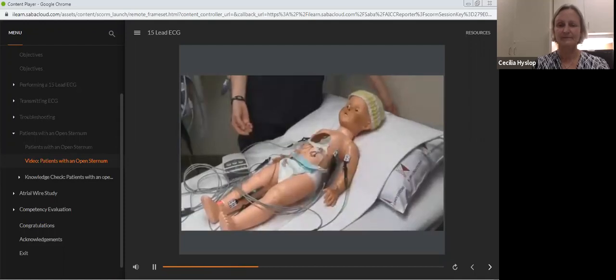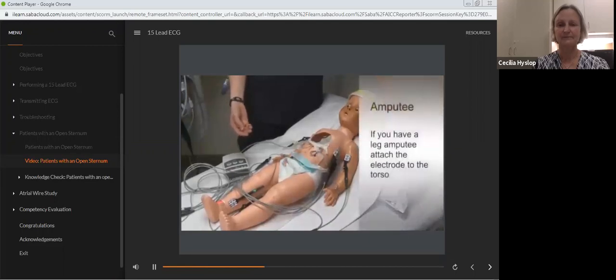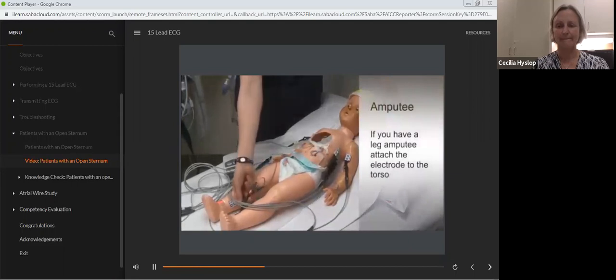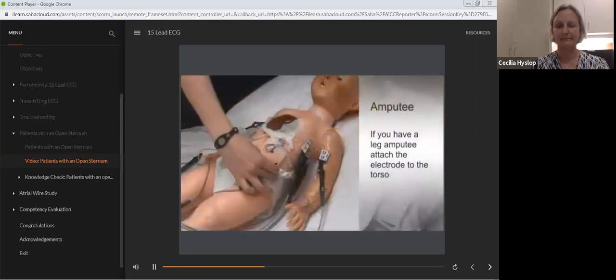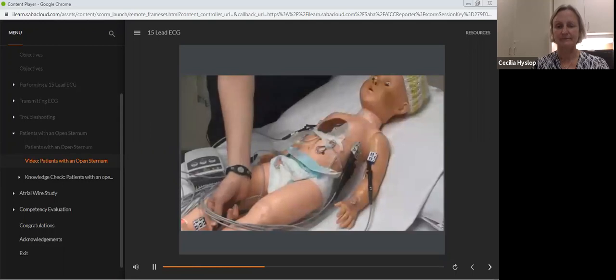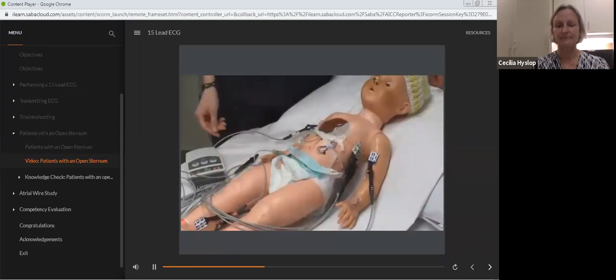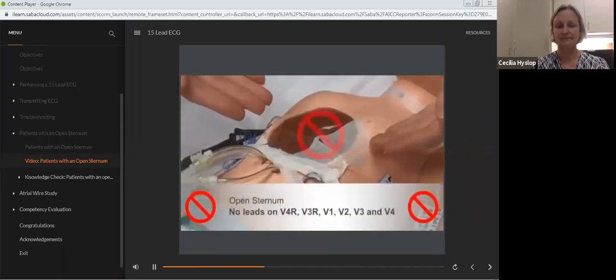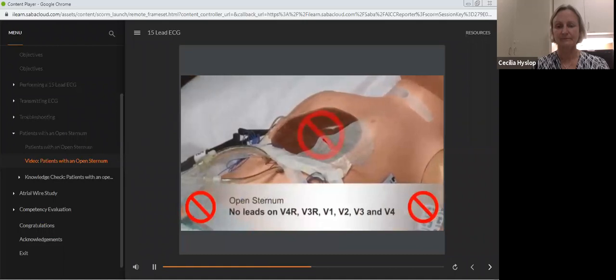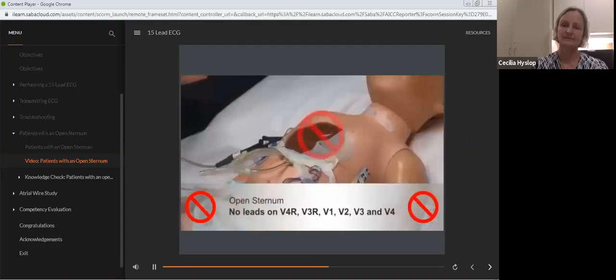In the situation of a patient with an amputee, say in this case a left leg amputee, you would take the left limb electrode and place it up on the torso. You will not be placing any electrodes across any area where there is a dressing. In this case, between V4R and V4, we will not be placing any electrodes.